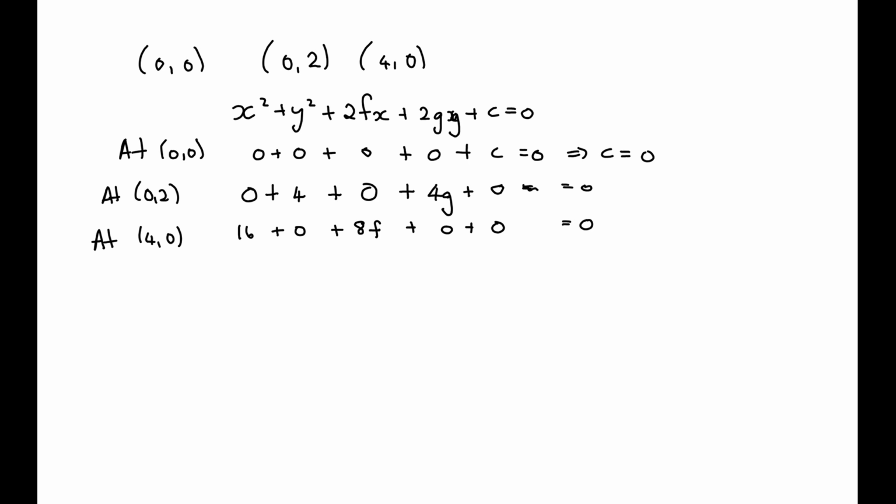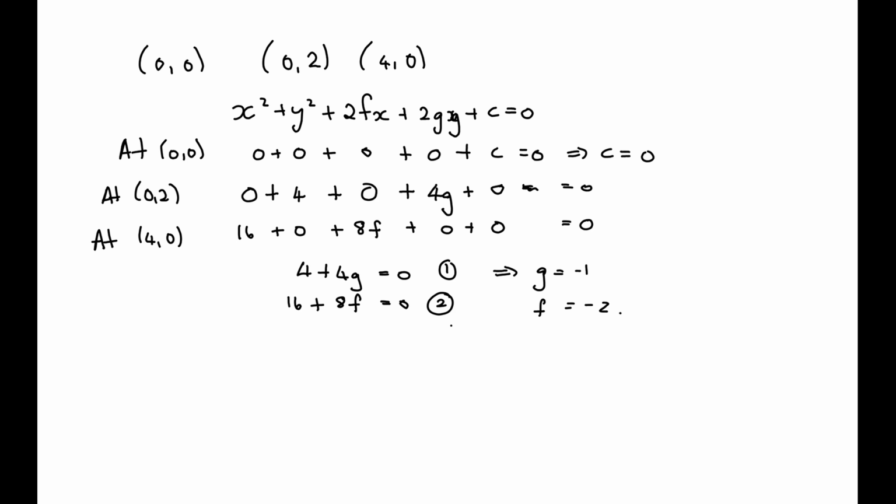Now, what we've got now is two simultaneous equations. We've got 4 plus 4g equals 0. These have to be true at the same time. Standard solution there will give us that g equals -1, f equals -2.